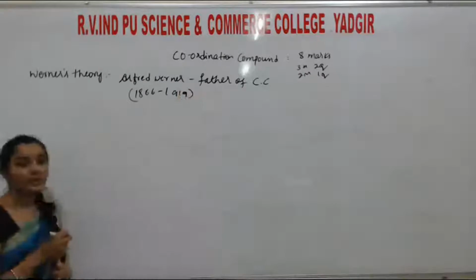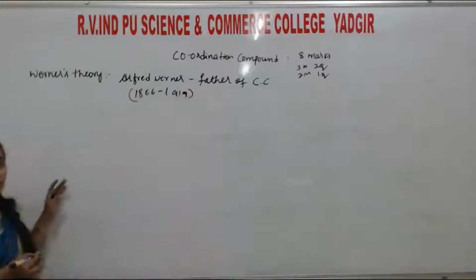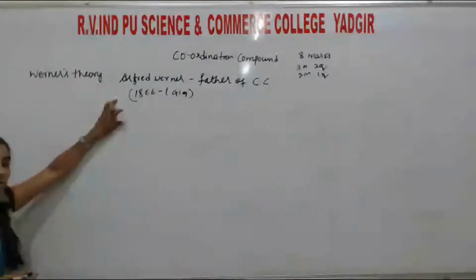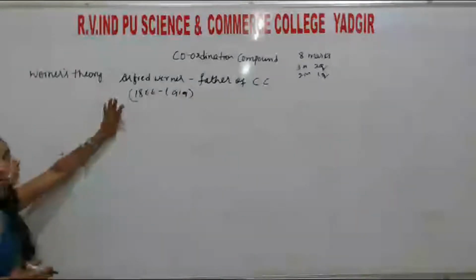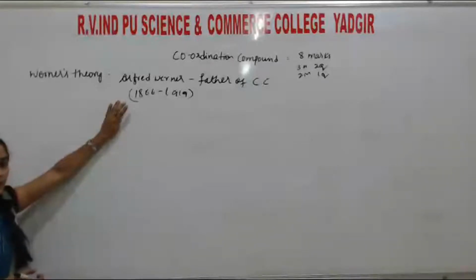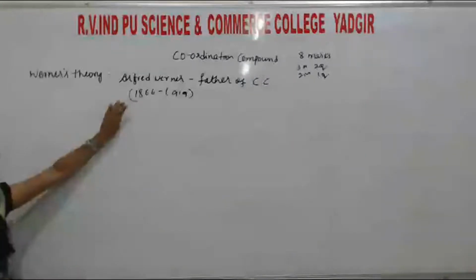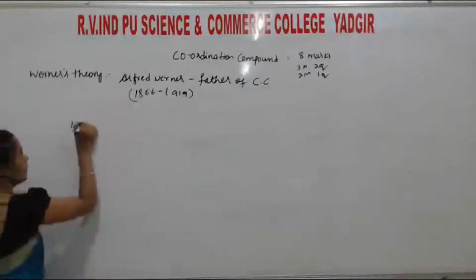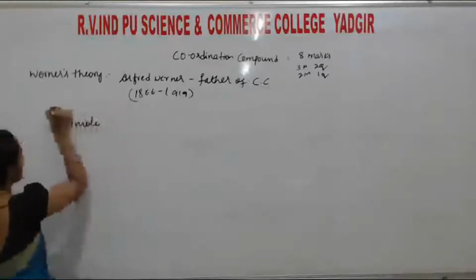Okay, students, what was his experiment? He took different halides of the D block elements and subjected them to react with different moles of ammonia.